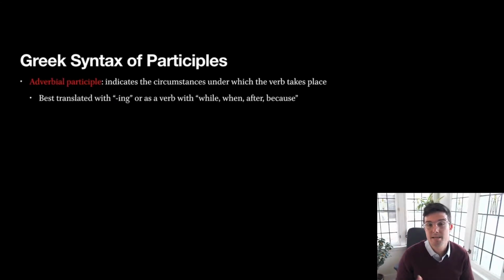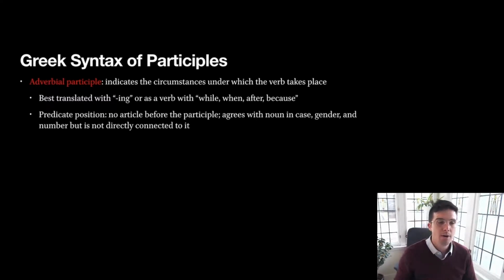And lastly, the adverbial participle. We've said it tells us more information about the circumstances of the verb. It's best translated with a variety of different kinds of clauses, and oftentimes with 'ing' added to the idea of the verb, or the core meaning of the verb with 'ing' added. And what you're going to find is that it's going to be in predicate position.